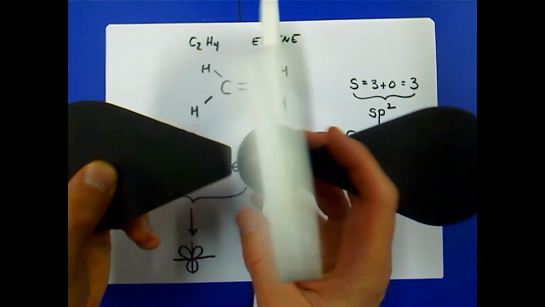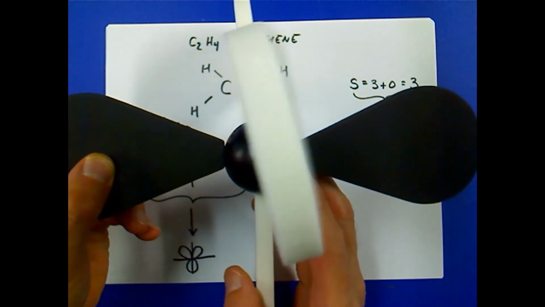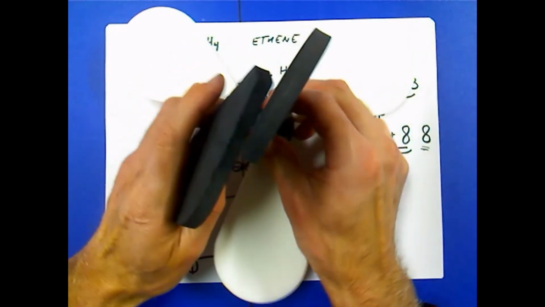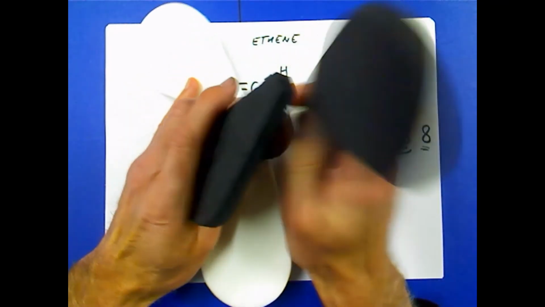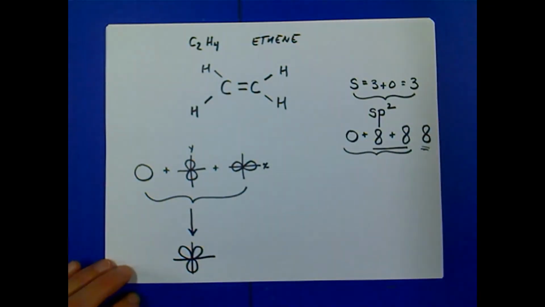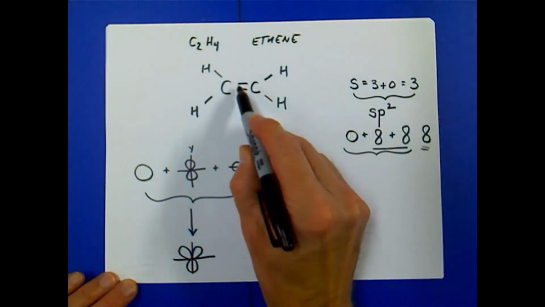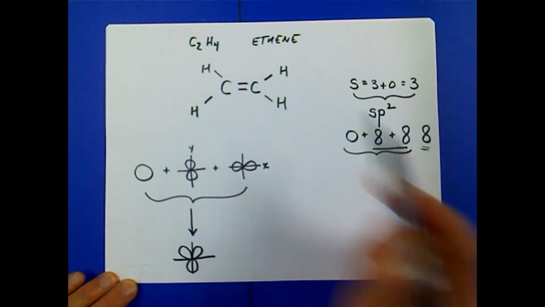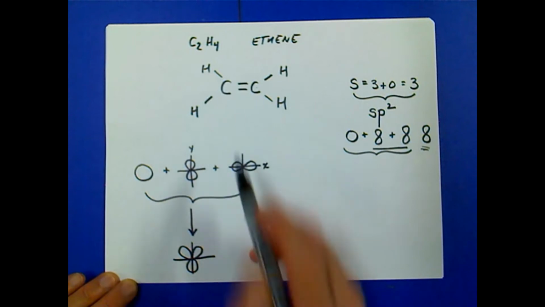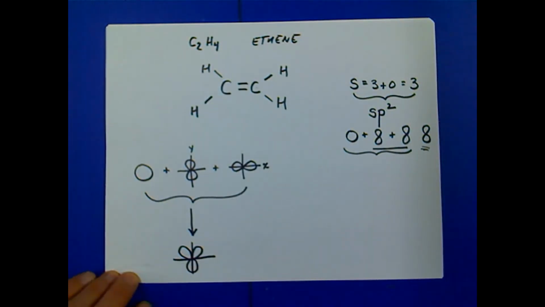So we can envision the unhybridized p orbital in black and the hybridized sp2 orbitals as the white pieces of foam. That is the picture we have around this carbon atom. And of course, this is an identical carbon atom, and it's going to have the same sp2 hybridization as our first carbon.